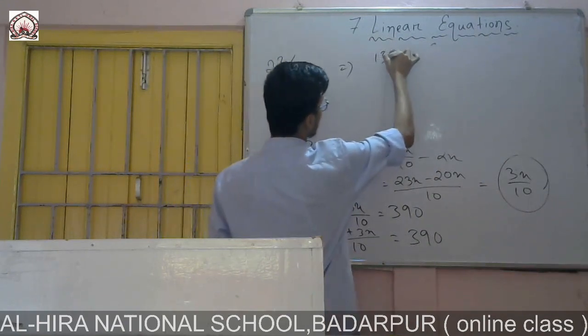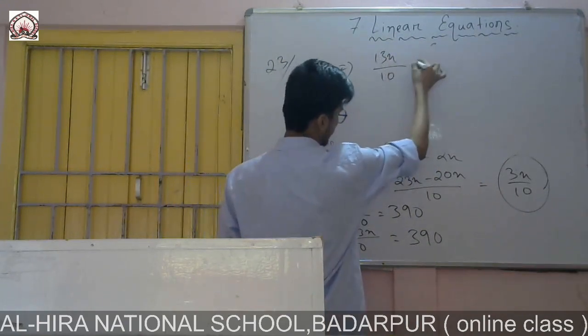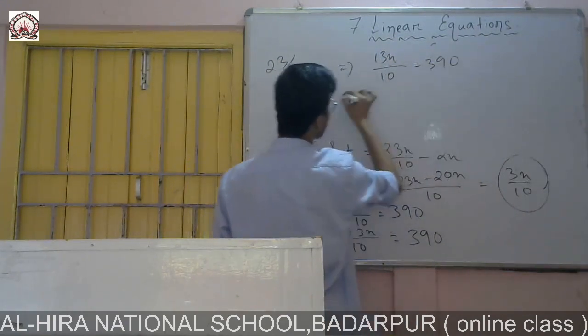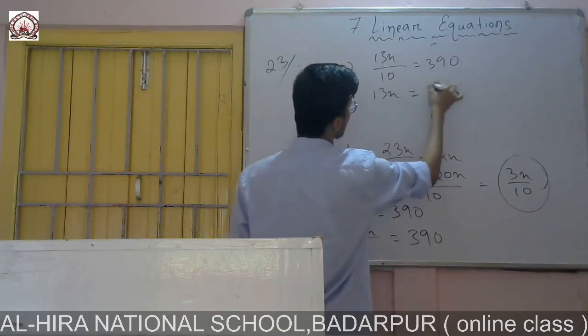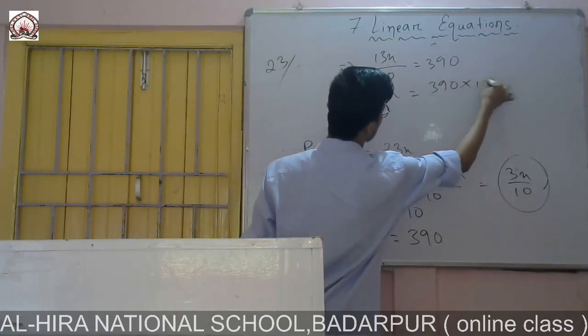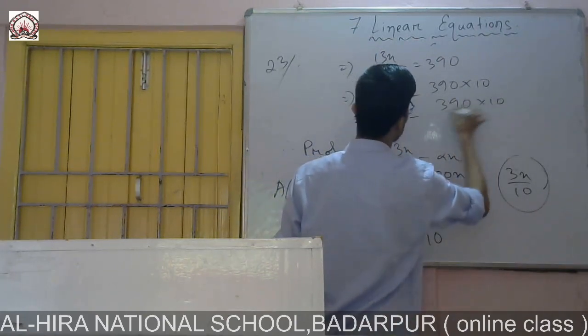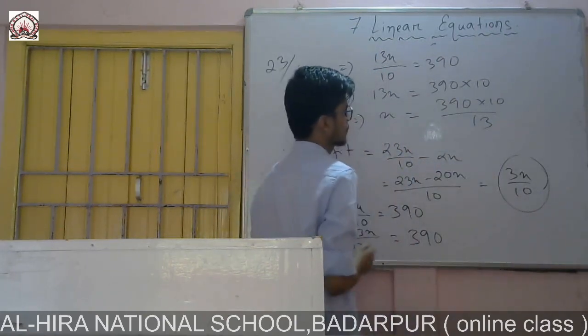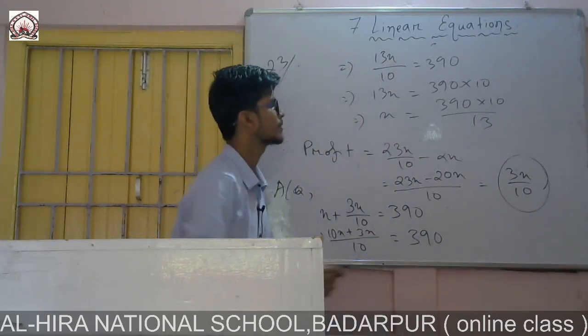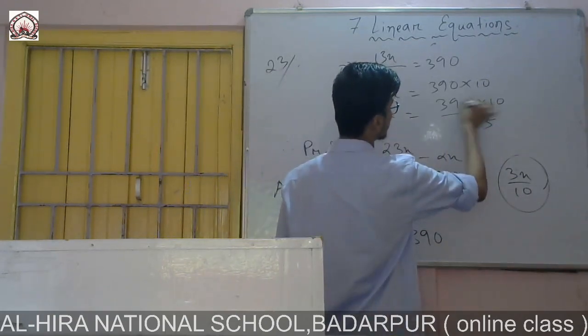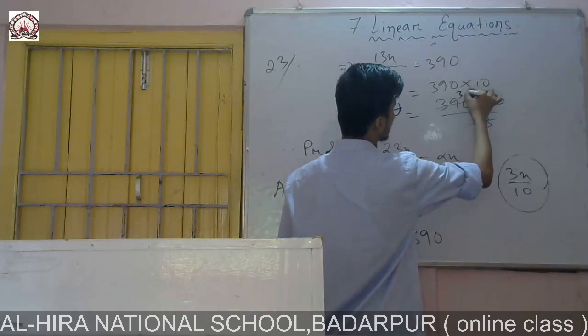It is 13x by 10 equals 390. That means 13x equals 390 into 10. x will be equal to 390 into 10 by 13. So if I cancel it with 13, 13 3s are 39 and 0.